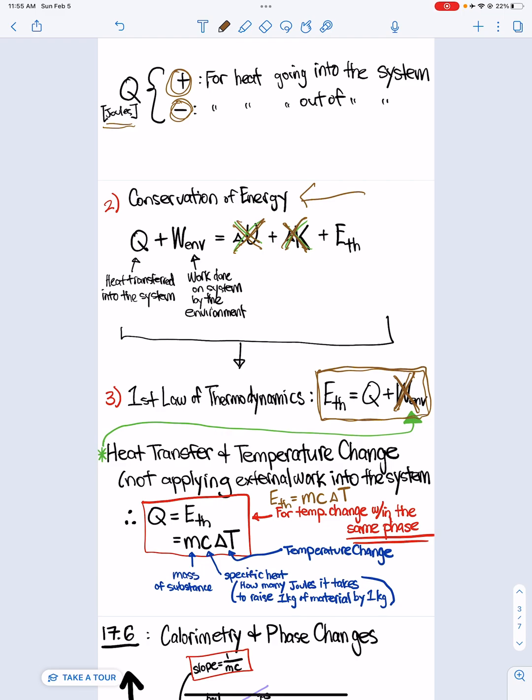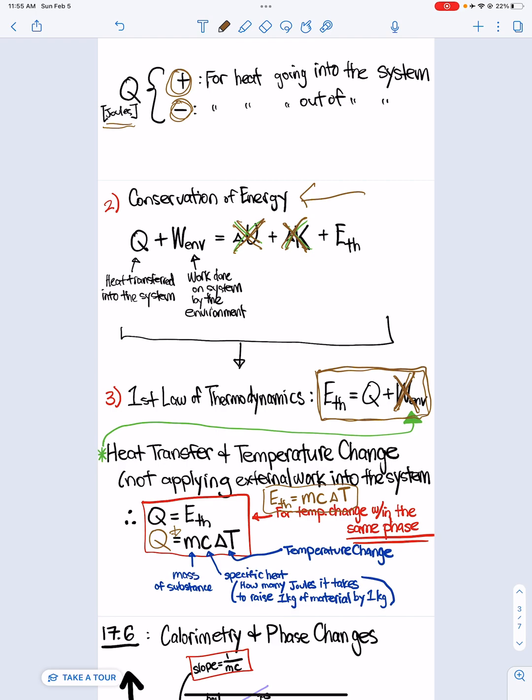That is the mass of the substance multiplied by the specific heat multiplied by the temperature change, which is equal to the change in thermal energy. We can see that here: you go from that formula to that. So Q is equal to mc delta T. Specific heat is dependent on the material.